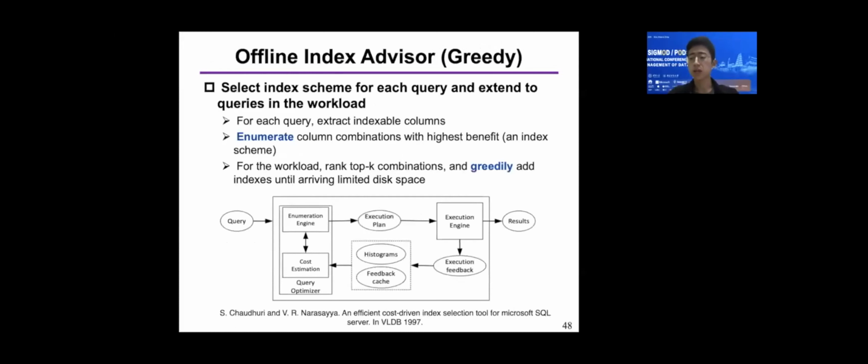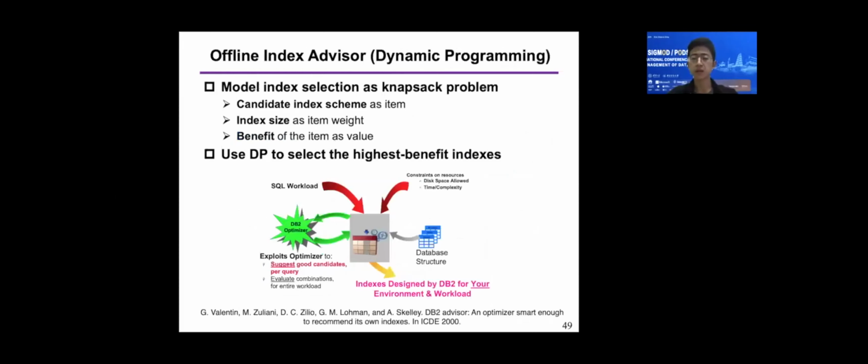We have divided existing index selection methods into offline index selection and online index selection. First is offline index selection. The basic method is AutoAdmin. For each query, it extracts the indexable columns and enumerates the column combinations with the highest index benefit. For all the queries in the workload, it runs top-K combinations and greedily adds indexes until arriving at the limited disk space.